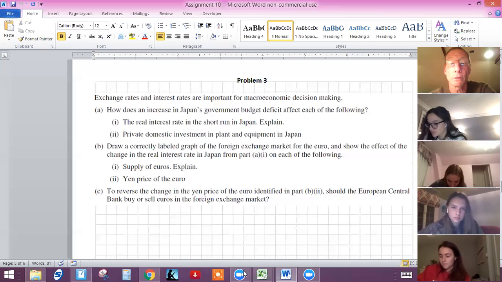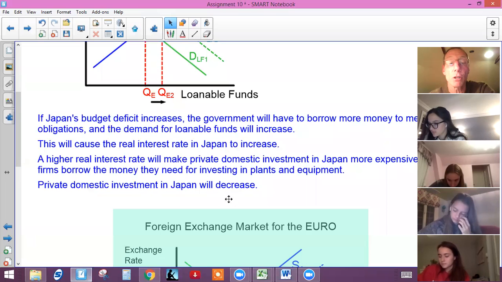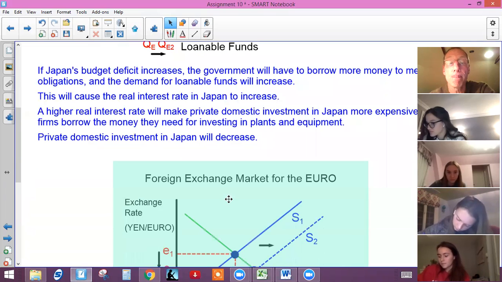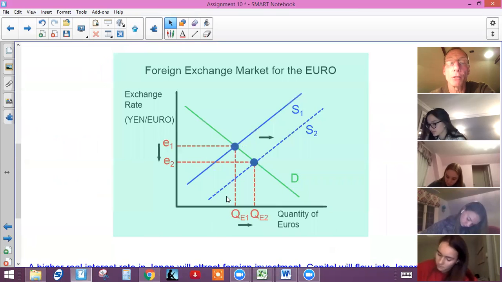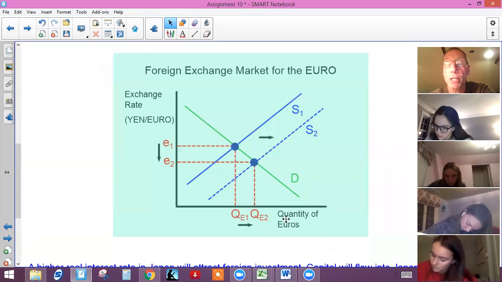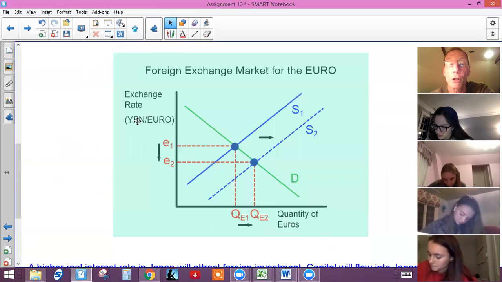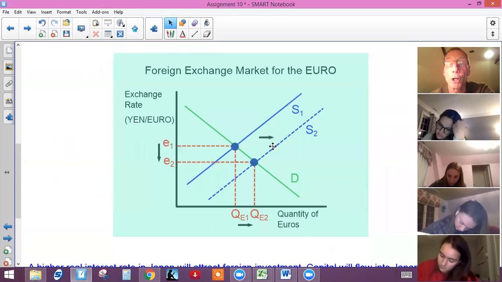Okay, so we draw a graph showing quantity of euros here, yen per euro. Remember, whatever currency is down here in the quantity is going to be in the denominator up here, and the other currency is in the numerator. And we show a shift in supply for euros.